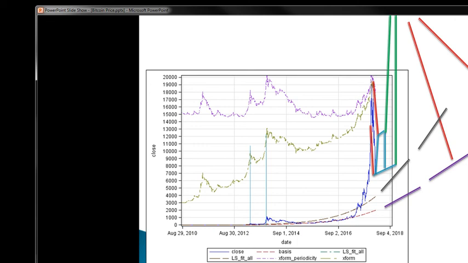So that's that. And again, the basis is 2,000 now, 4,000 for the least square fit. Remember, more than half of the time the price is running at the basis, and more than 3/4 of the time the price is running below or about the least square fit for all data.